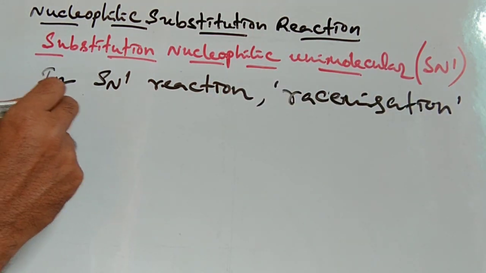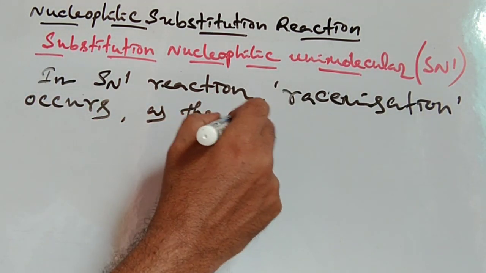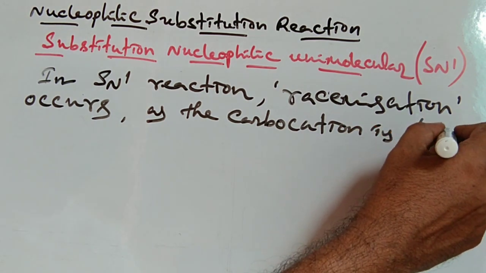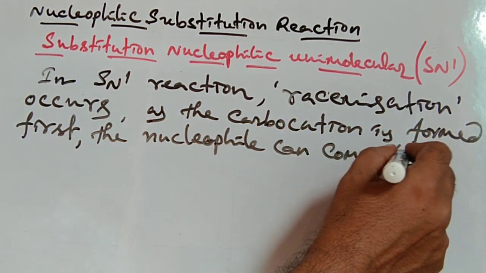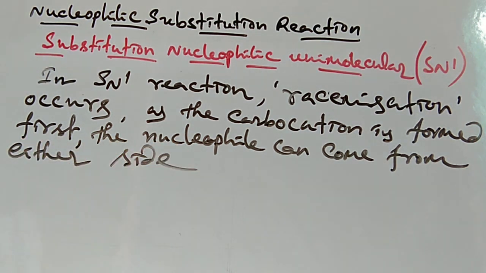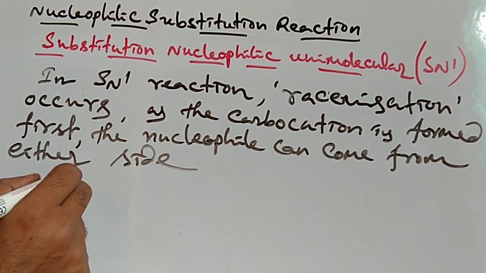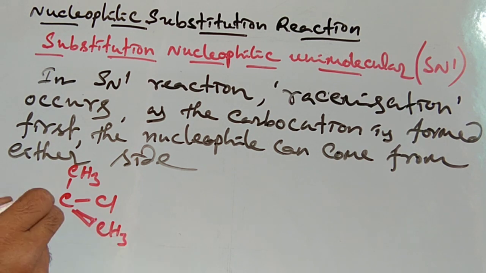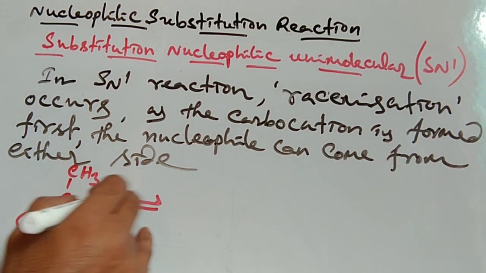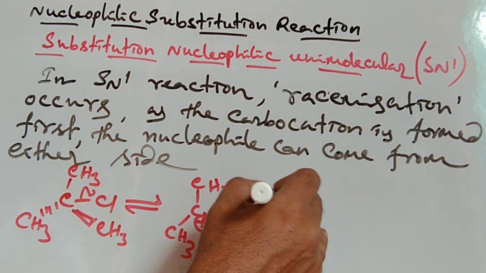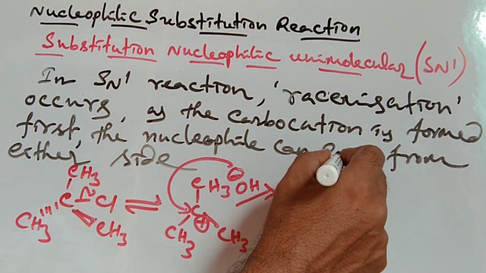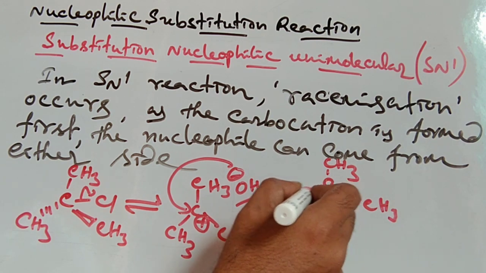So ultimately the solution will not be able to rotate the plane of the polarized light in either direction. That's why the solution becomes optically inactive, and this mixture of 1:1 ratio of two enantiomers is called racemic mixture, and that incident is called racemization.